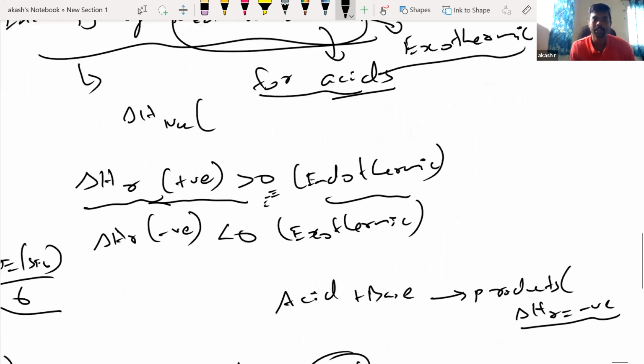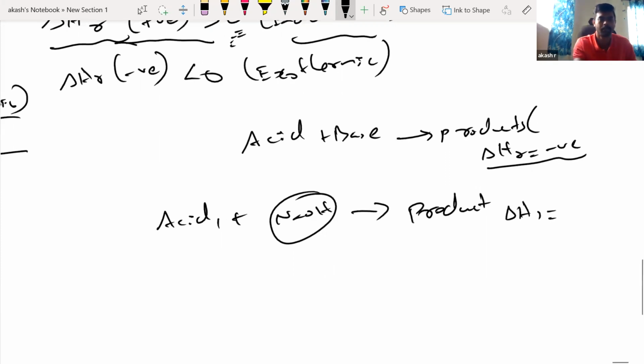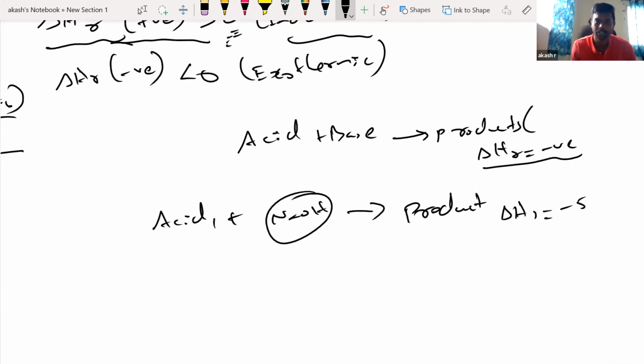Okay, right. Say I have acid number 1 reacting with NaOH to form products, and say the enthalpy value is delta H1, some negative value, say minus 50 kilojoules. I'm just giving you a random number.